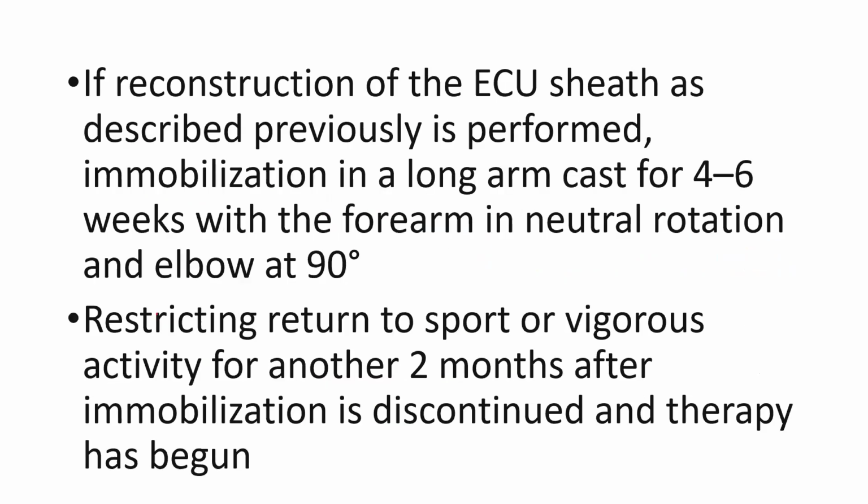If reconstruction of the extensor carpi ulnaris sheath, as described previously, is performed, immobilization in a long arm cast for 4 to 6 weeks with the forearm in neutral rotation and elbow at 90 degrees. Return to sport or vigorous activity is restricted for another 2 months after immobilization is discontinued and therapy has begun.